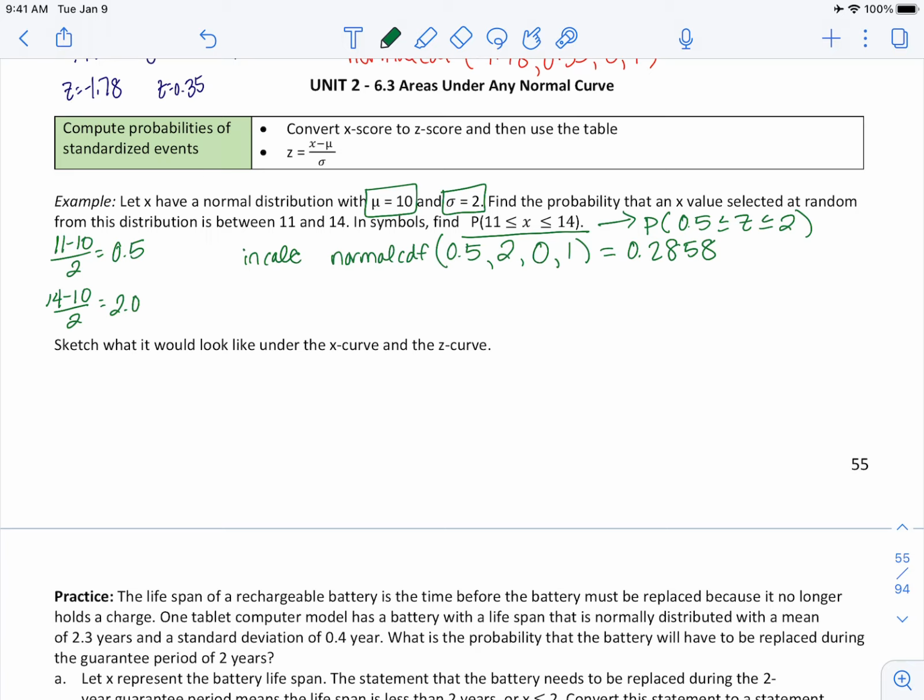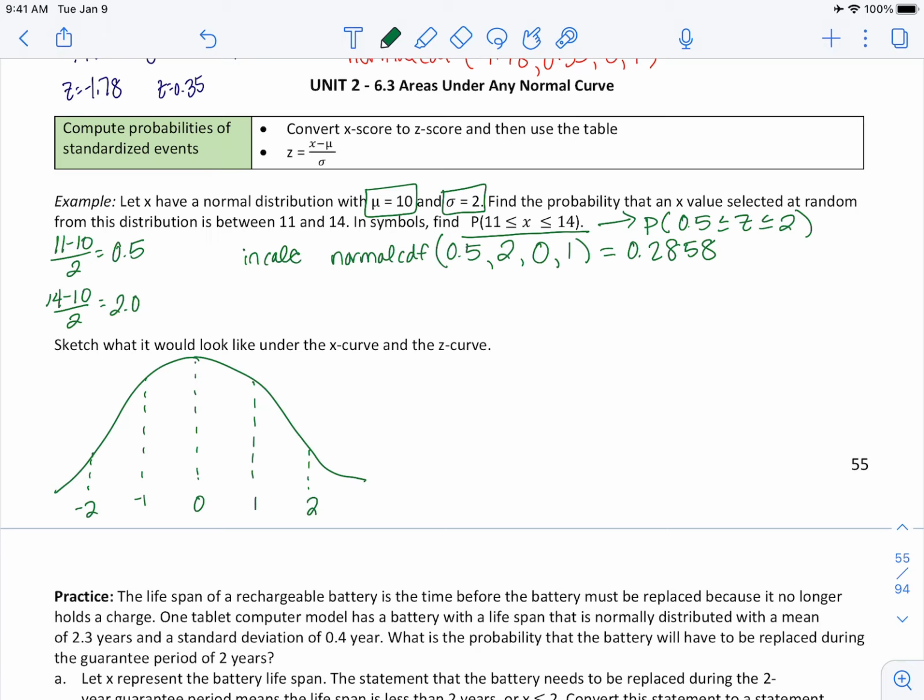So this one that we did is using the z-score. So let's do the z curve first. We're going to draw our standard normal curve. Oh my gosh, it's a little wobbly. So here, 0 is our mean. Again, our standard deviation, we go plus or minus 1, then 2.